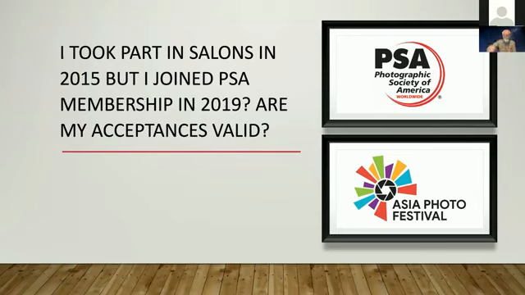You can obviously use any acceptances that you gain in exhibitions after the 1st of December this year, but you could also use acceptances back to the 1st of December last year, 2019, without needing to pay any extra money to cover that period.